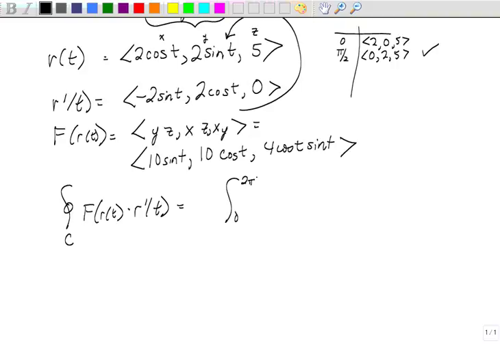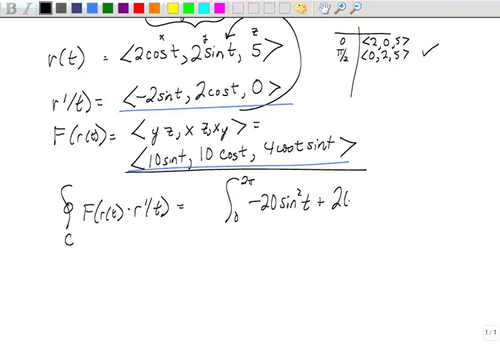We're going to take F and dot it with r prime, and that gives us negative 20 sine squared t plus 20 cosine squared t.